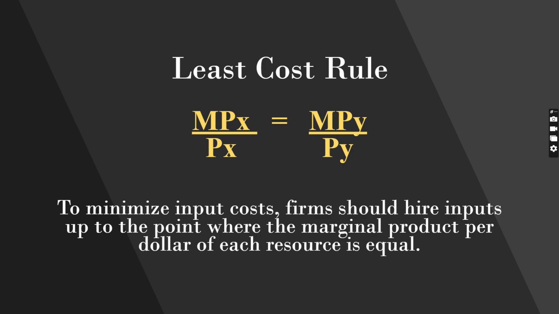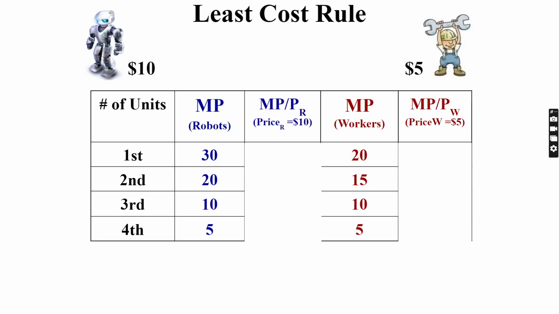It looks intimidating, but it really is just the marginal product divided by the price of one resource equaling the marginal product of the other resource divided by the price of the other resource. And once they're equal, the firm is minimizing input costs. And so I want you to draw this table. We have a very simplistic example, but we have robots and workers, and we have units of each resource, so 1 through 4.